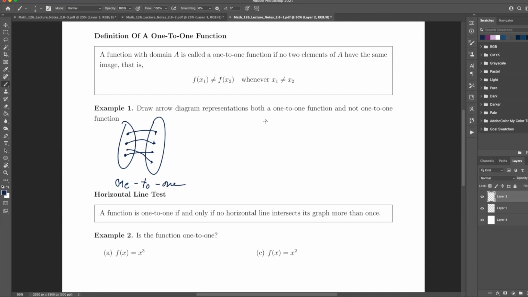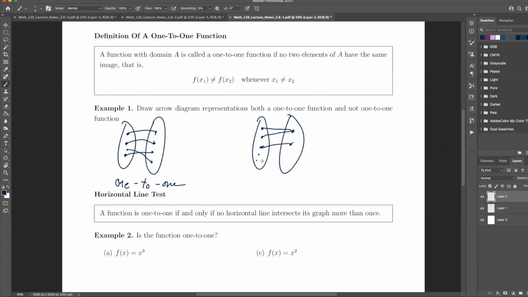Something that's not one-to-one, at least in the arrow diagram, is when two elements get sent to the same element.